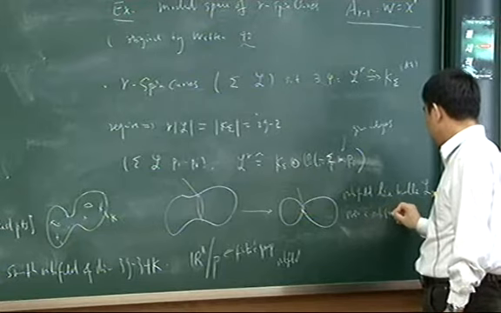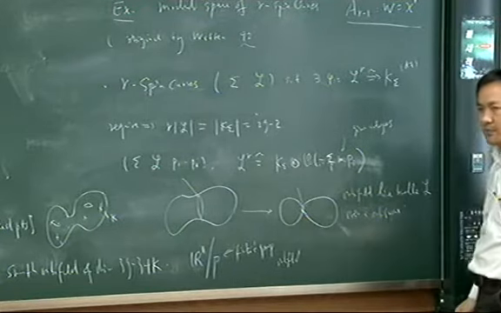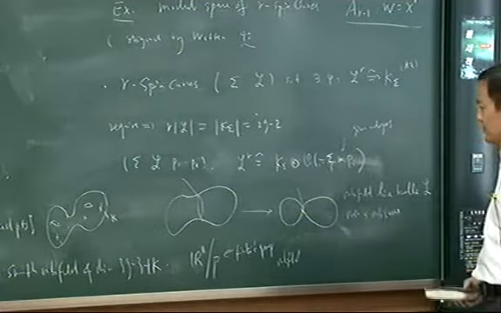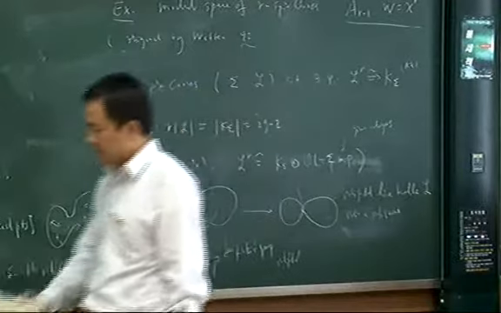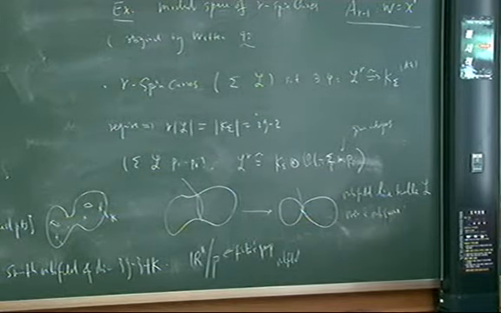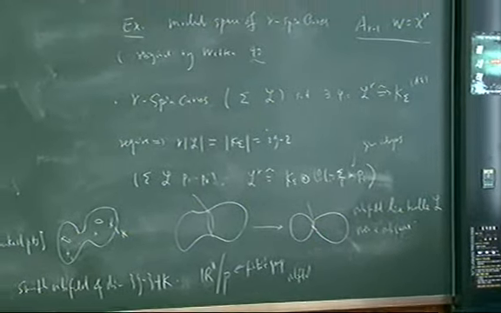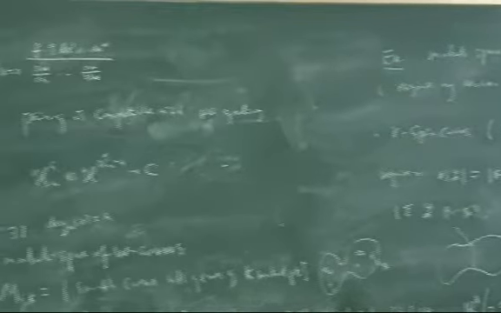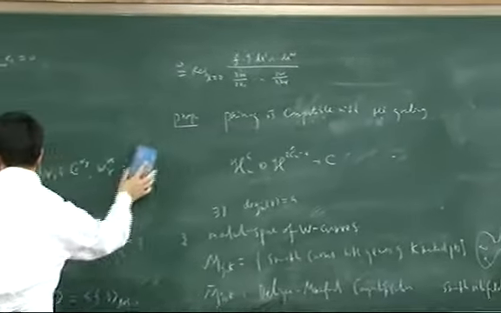So this process makes you believe that if you want to compactify this space, you should consider orbifold curves with orbifold line bundles, not only the smooth curve with the general line bundles.